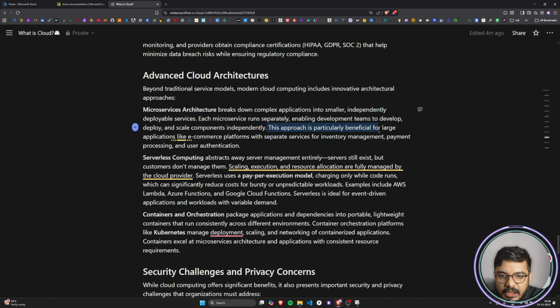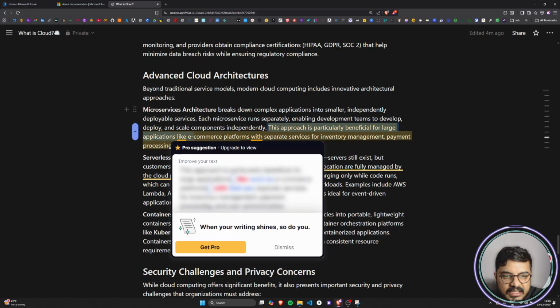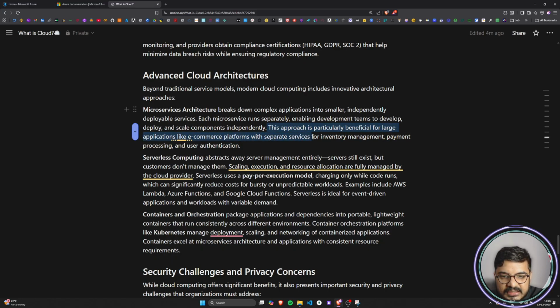This approach is particularly beneficial for large applications like e-commerce platforms with separate services for inventory management, payment processing, and user authentication.